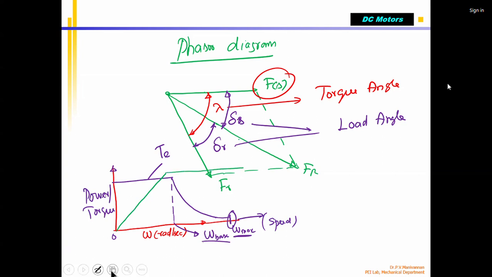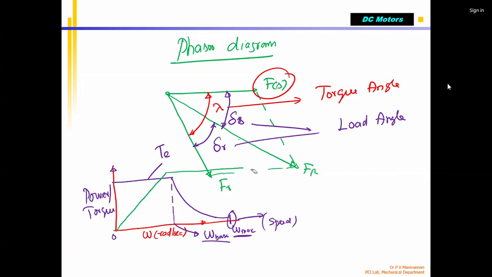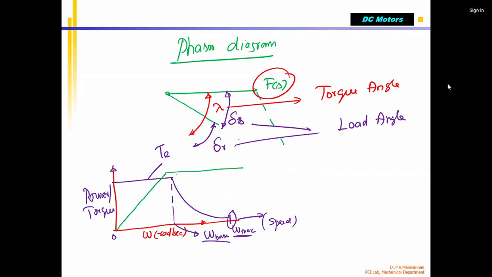Okay, let me clear some part of this, which is not needed, already you noted down. This is here. So this is power. This is torque T, already I mentioned.